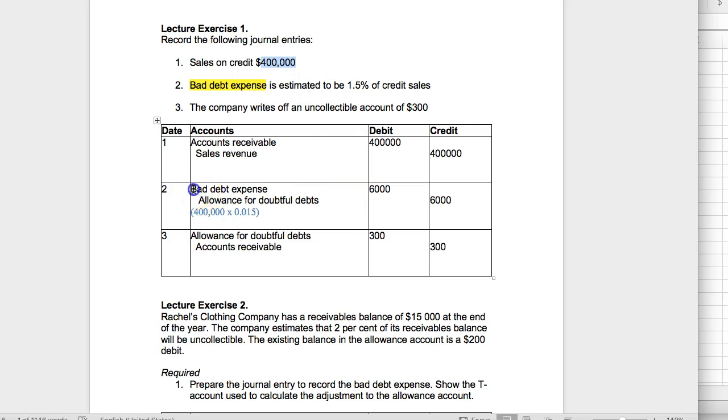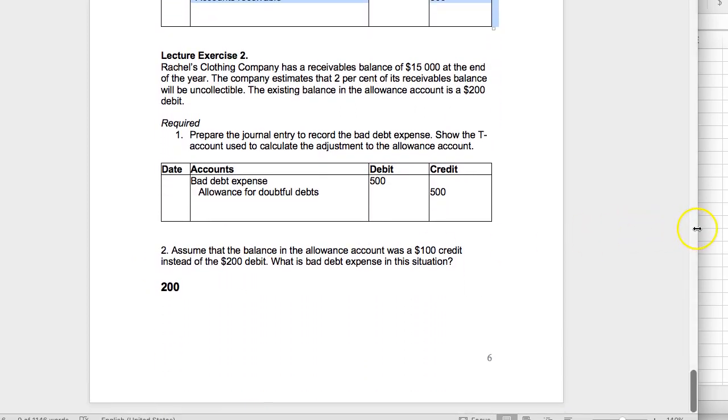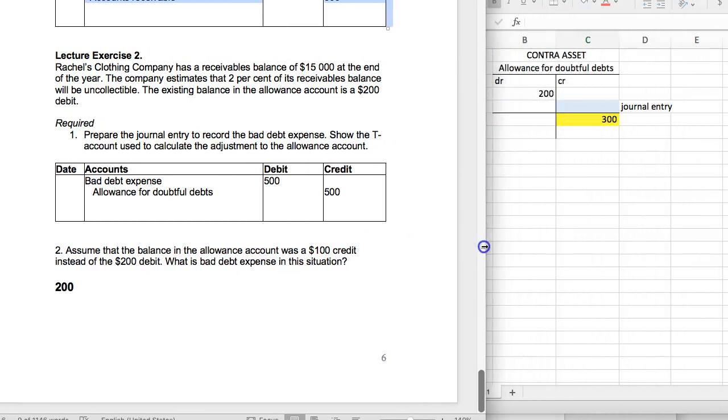And to record bad debt expense, you increase the expense and increase the allowance. And then question 3, you need to write off and you use the number that's given. This is the journal entry when you know you cannot collect the cash from the customer, and so you cancel the accounts receivable.